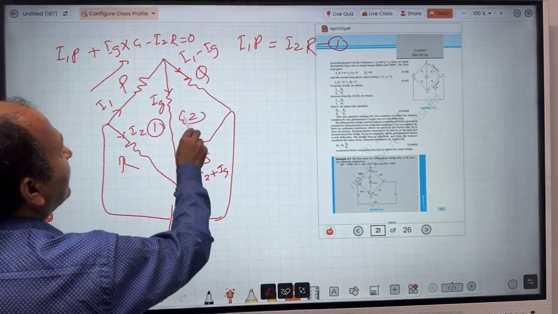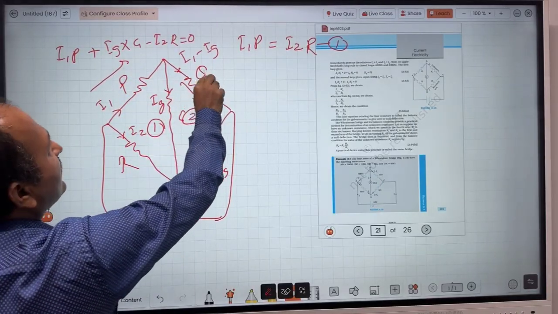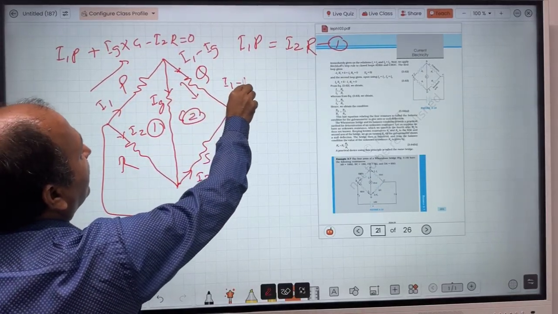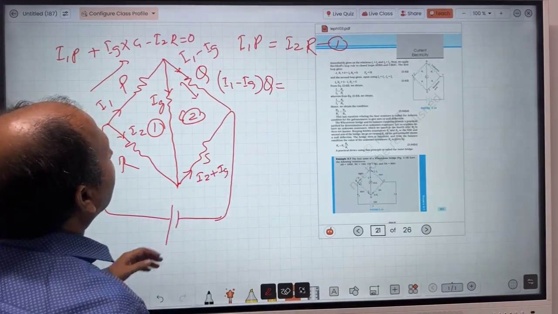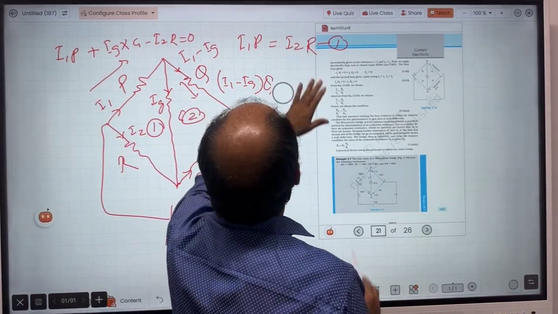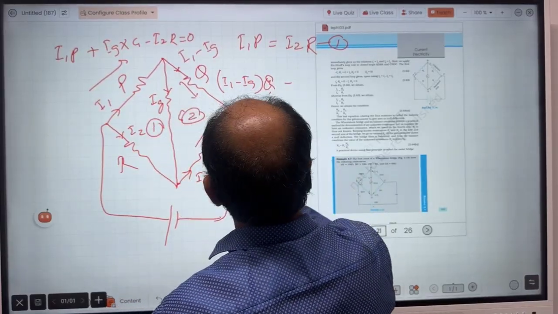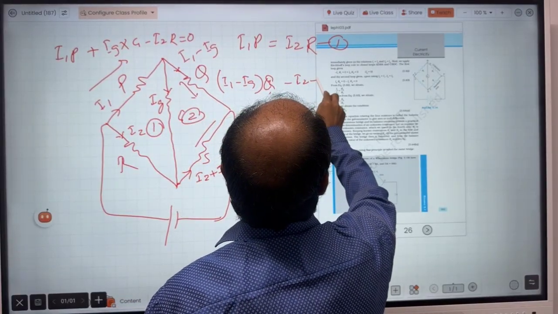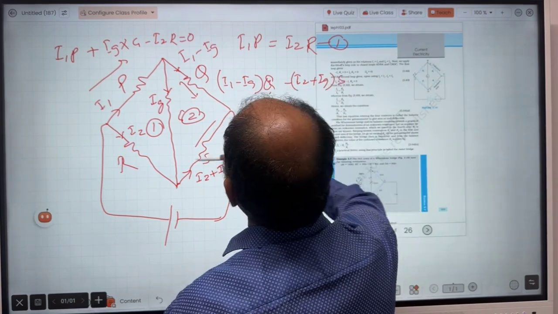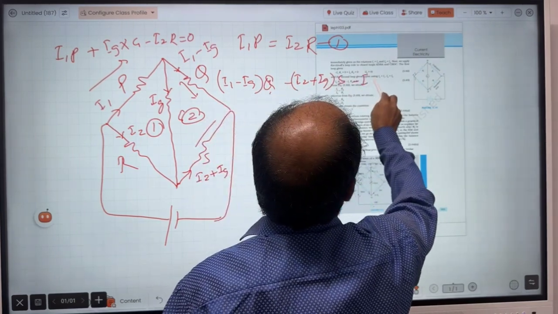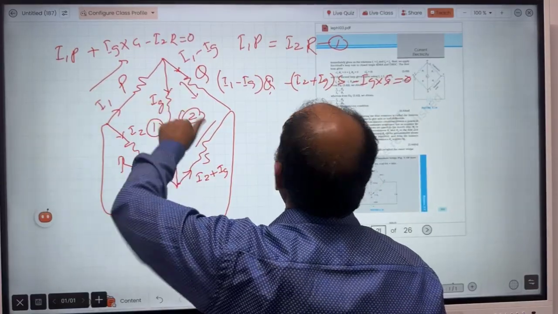Similarly, we consider this loop and suppose we move in this direction. We can say I1 minus Ig times Q, and then you move like this, minus I2 plus Ig times S, minus Ig times G must be equal to 0 because there is no cell here.